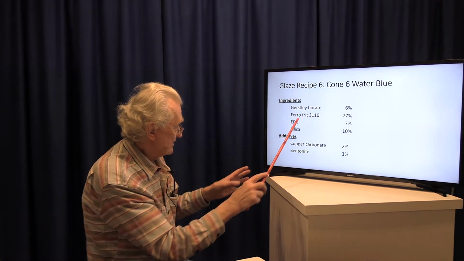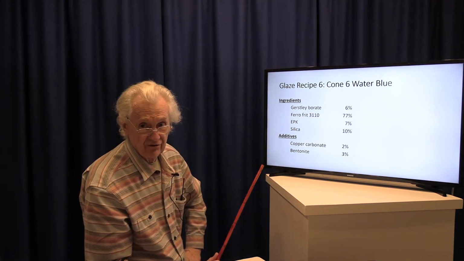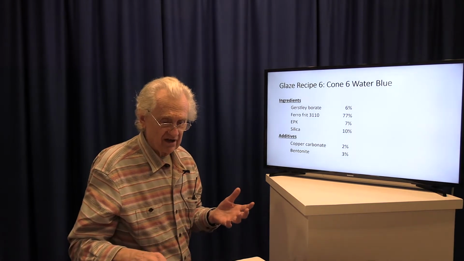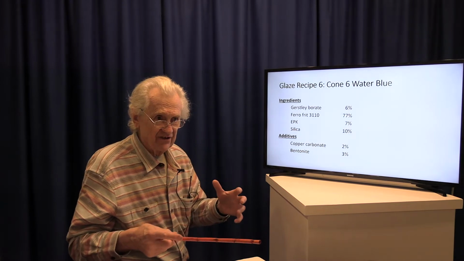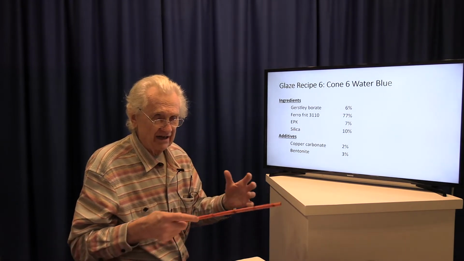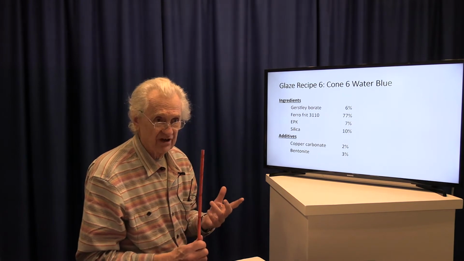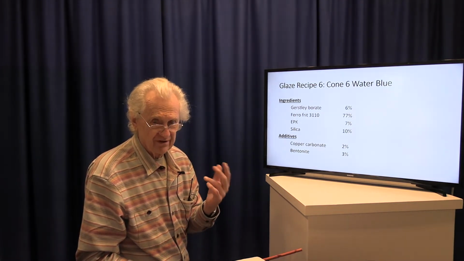But when I look at this, with this 3110, I can almost guarantee that this glaze is going to craze. Remember the crazing is dependent upon the coefficients of expansion and whether the glaze contracts a lot more or a lot less than the clay body when it cools down. Well, there are two elements in particular that we know have a strong effect on that, and they're sodium and potassium.